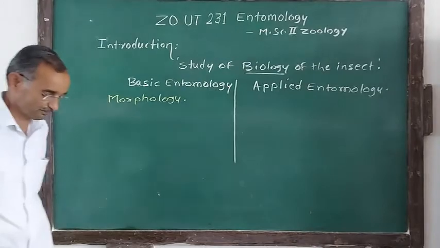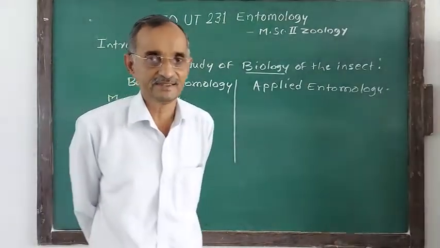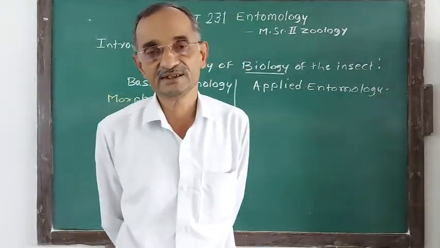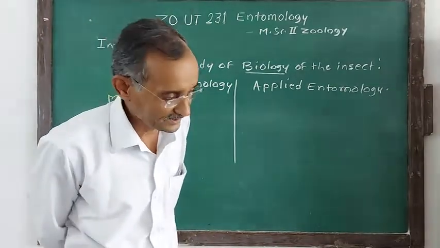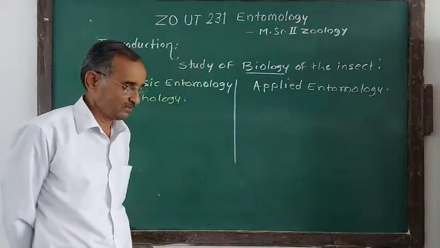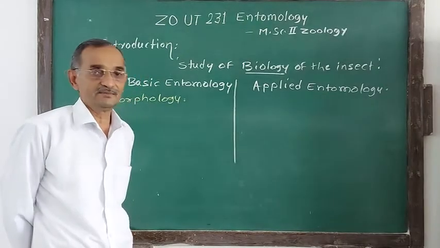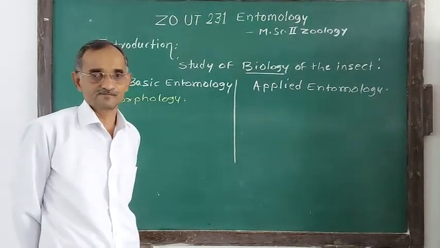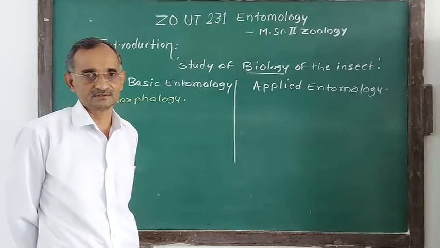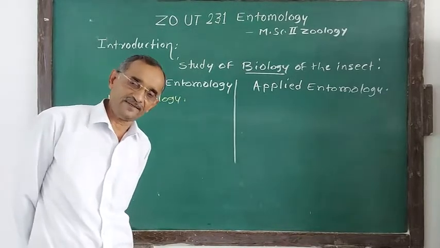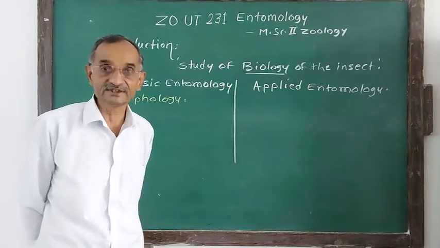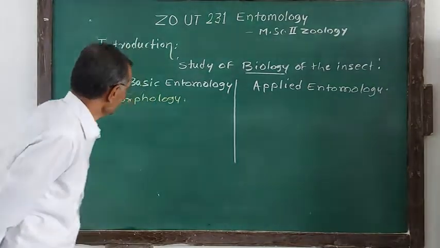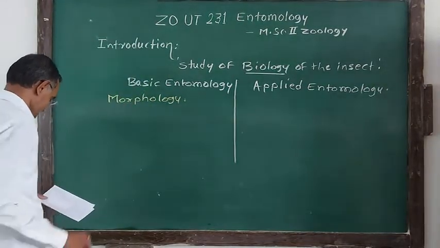As you know, the body of an insect is divided into three main regions: head, thorax and abdomen. But what is the structure of the exoskeleton of these three divisions? Not only this, what are the appendages present on these three divisions of the body? That is what is studied in morphology.